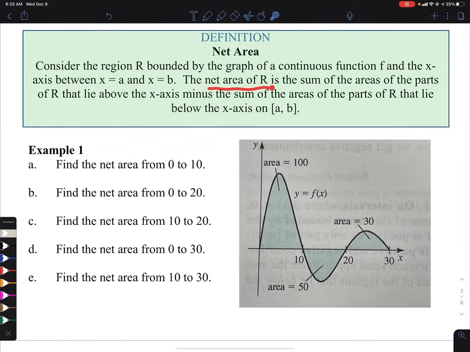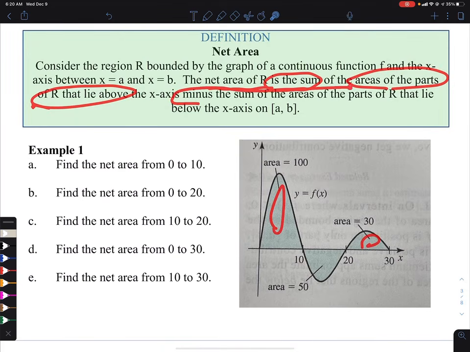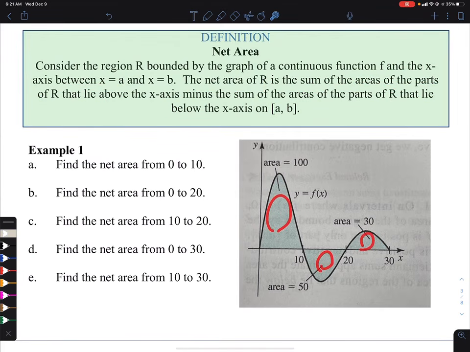The net area of R is the sum of the areas of the parts that lie above, minus the areas below. So go ahead and try to do A through E. Pause the video, and I'll come back and give the answer.